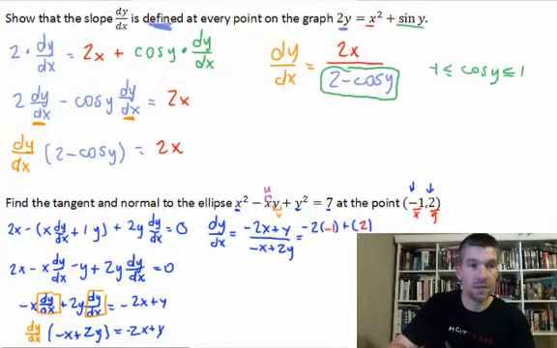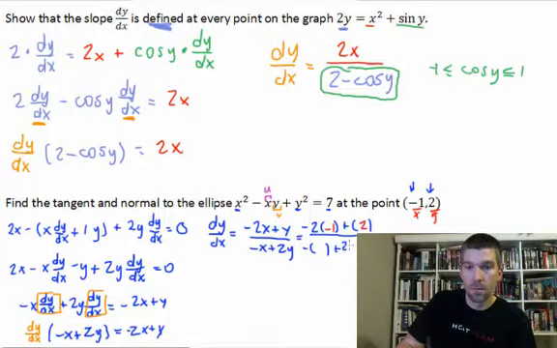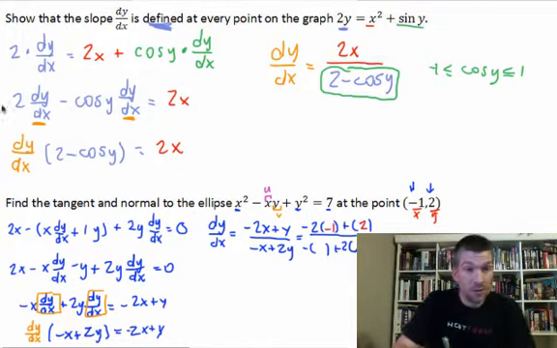And then also on the bottom, -x plus 2y. So over -x plus 2y. Excuse me, goodness.